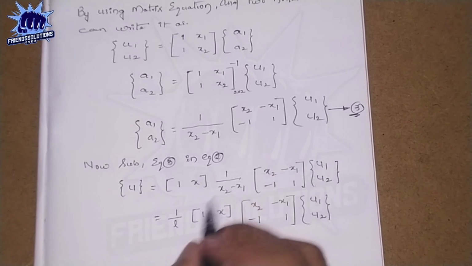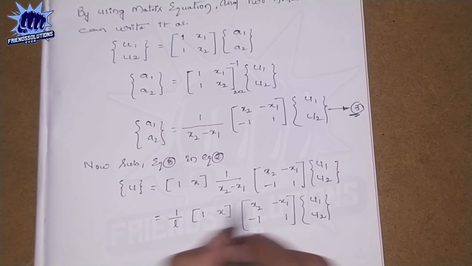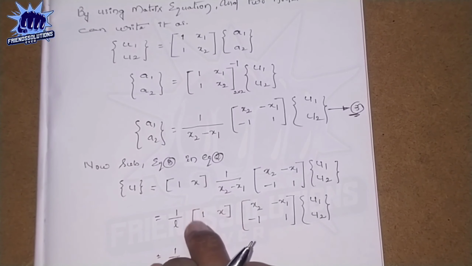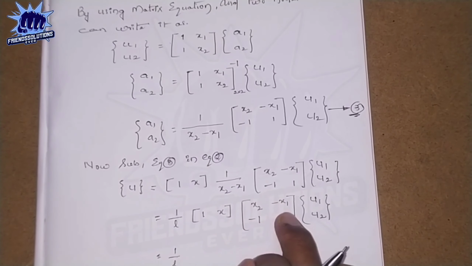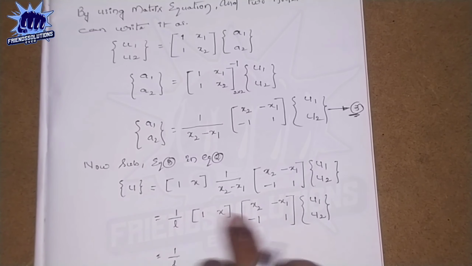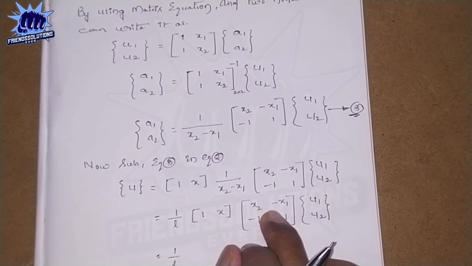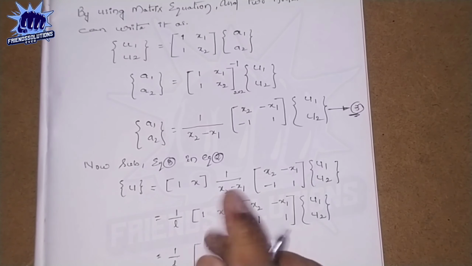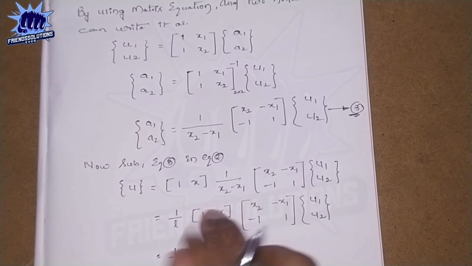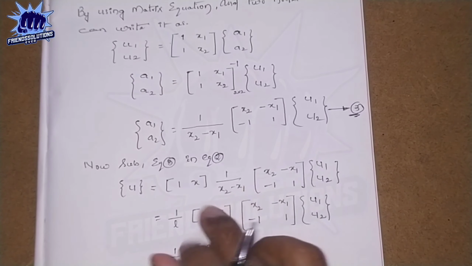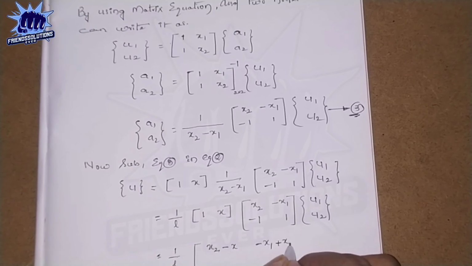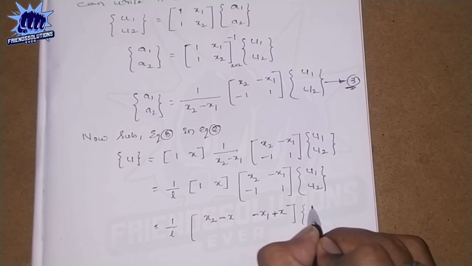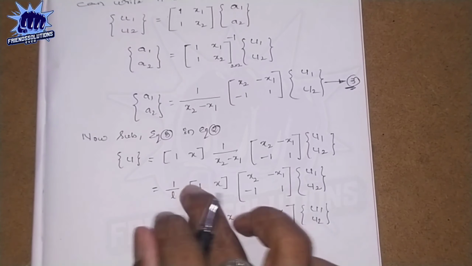For that, multiply these two matrices. Taking 1 by L as common, we multiply: 1 into x2 minus x, minus x1 plus x. In this way we write the matrix multiplication.